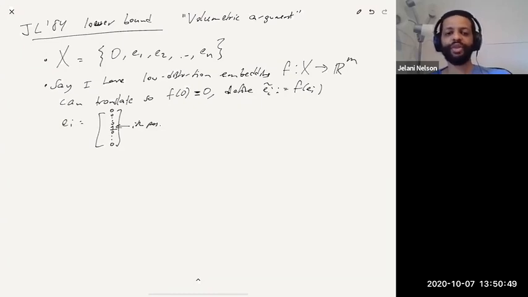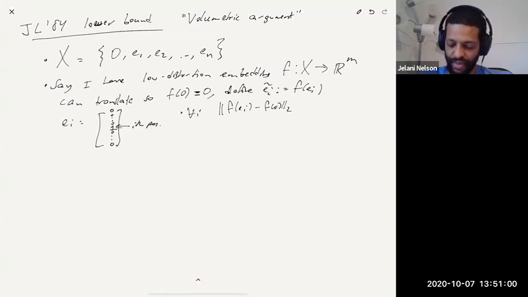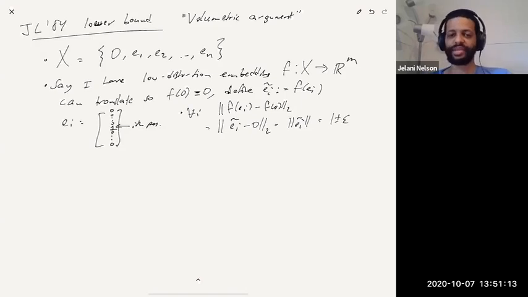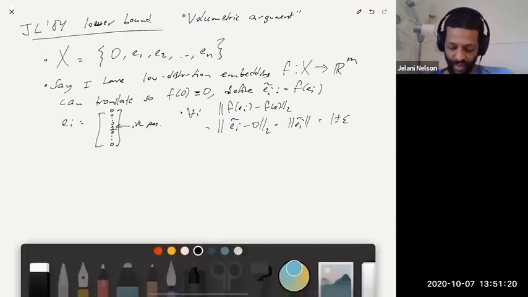Now, after you map by f, first of all, for all i, the distance between f of ei and f of 0, what is f of 0? f of 0 is 0. So that's just the norm of ei tilde. This had better be 1 plus or minus epsilon, because remember, the distance to 0 is preserved. The original distance to 0 was 1, so the new distance to 0 had better be 1 plus or minus epsilon.